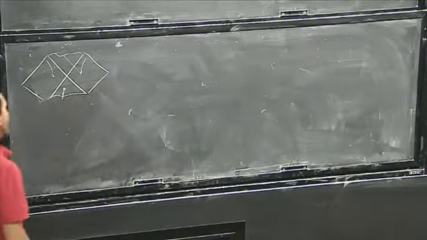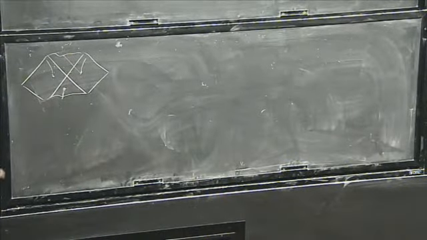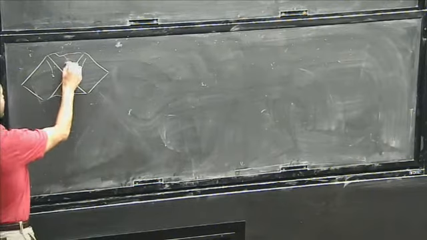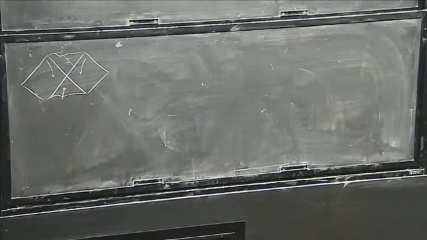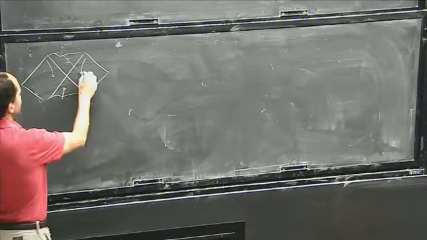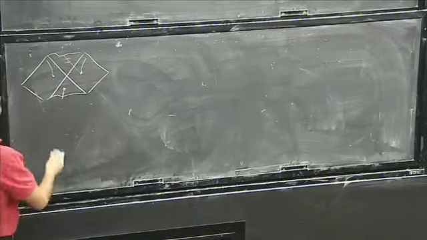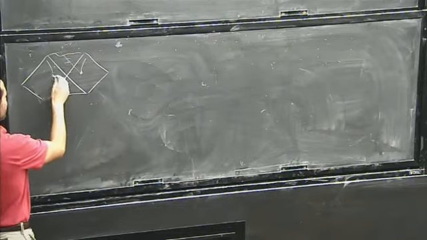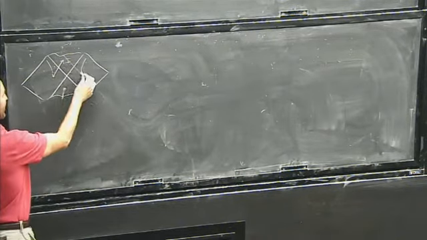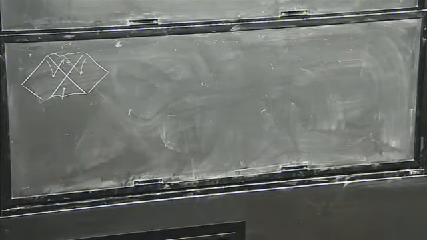But I think it's interesting to think about what this implies for the interior. Notice that this person cannot send a signal to this guy, but if this person jumps in, he can receive a signal from this guy, right?